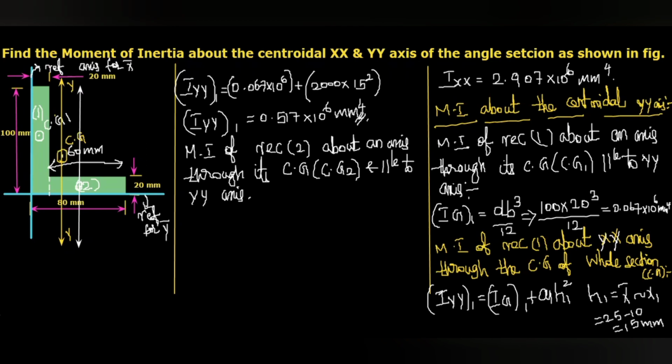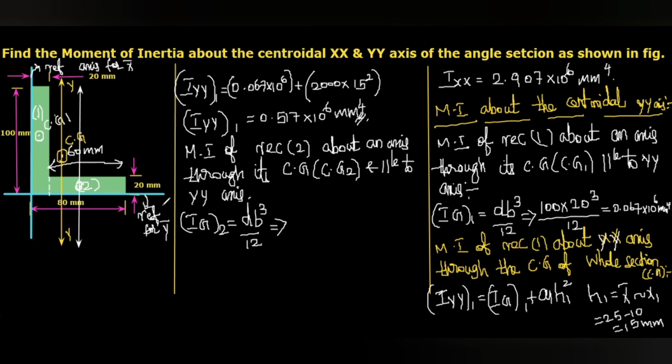That is equal to IG2, the same formula, dB cube divided by 12.